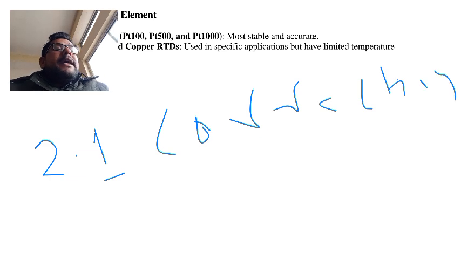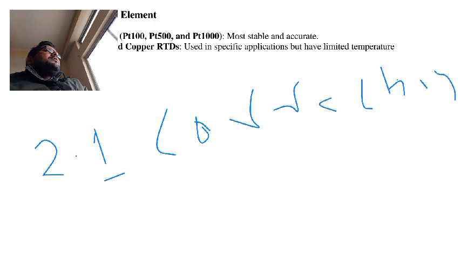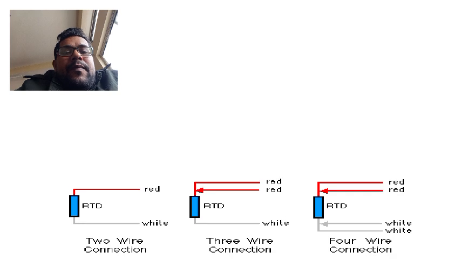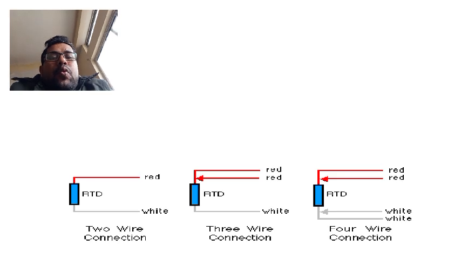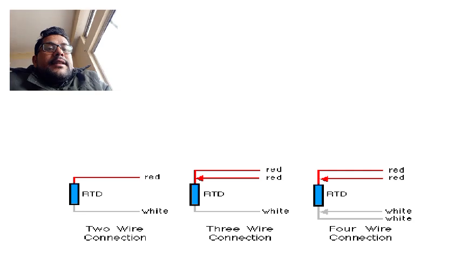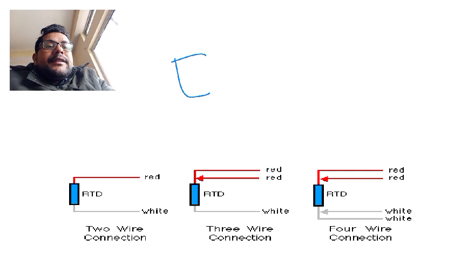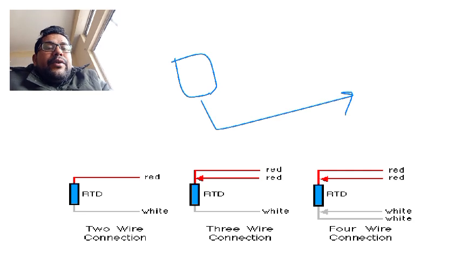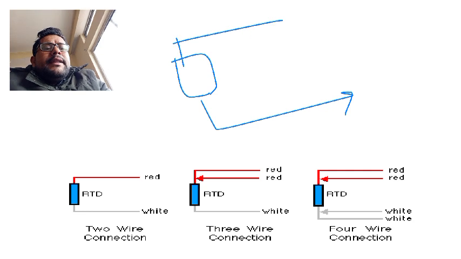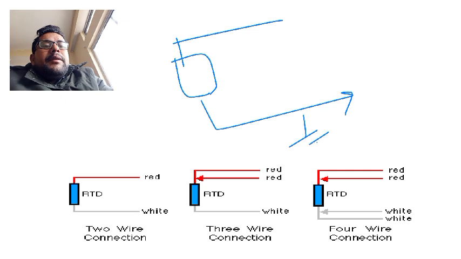If we want to get maximum output, this is the 2-wire connection. First we consider the 2-wire connection, then the 4-wire. How is the 2-wire connection made? Suppose this is the RTD. One wire is here on this side and another wire on the right. This one can be for ground and this one for supply.